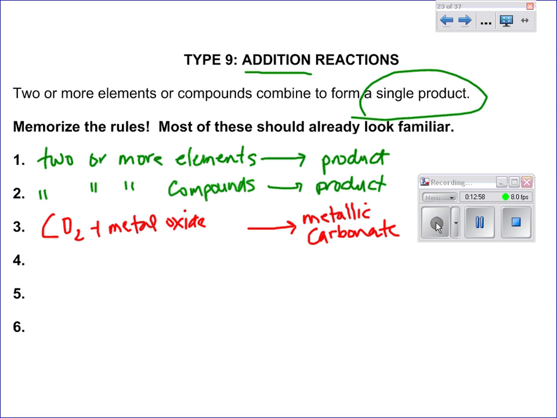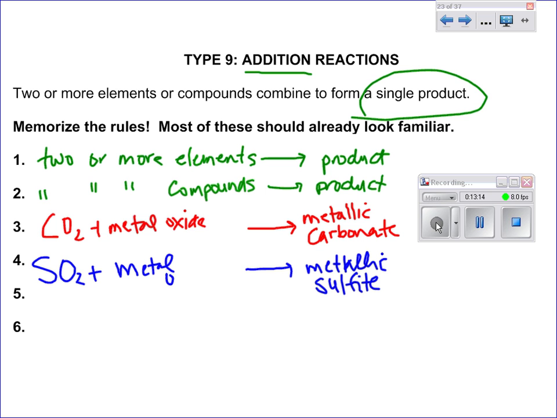I don't recall us doing necessarily a metallic sulfite, but it's pretty straightforward. What is it going to make? SO2 plus a metal oxide as well. Same thing.